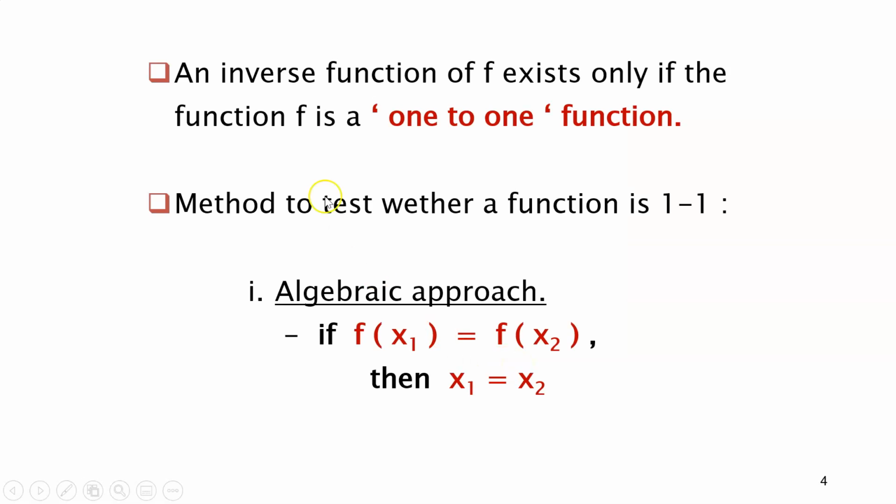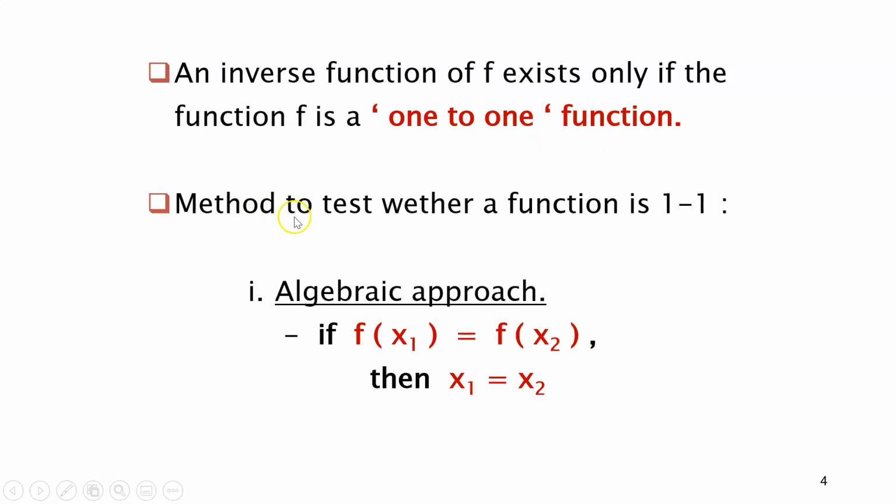Okay. An inverse function of f exists only if the function f is a one-to-one function. So this is what we have learned previously. For a function, it must be one-to-one or many-to-one relation. So the same goes to an inverse function, but for inverse function, we only consider one-to-one function.